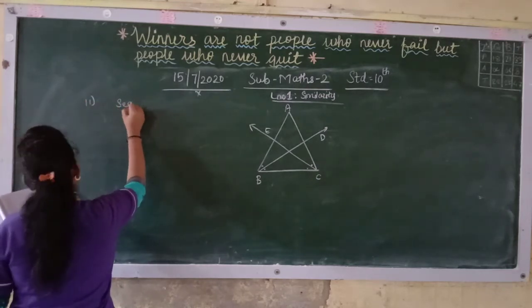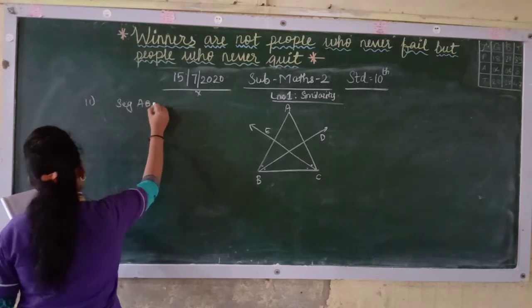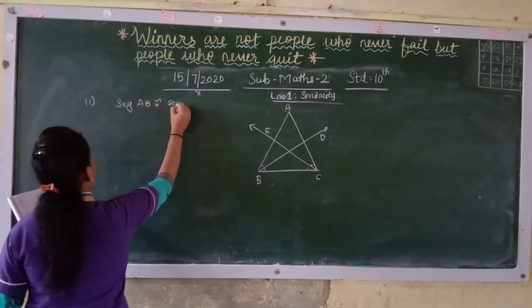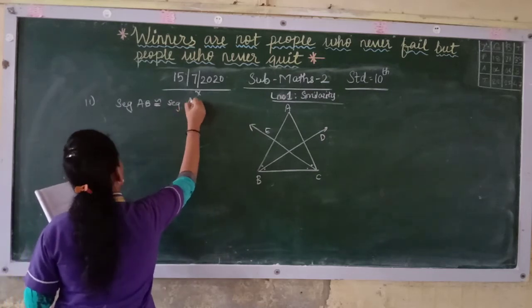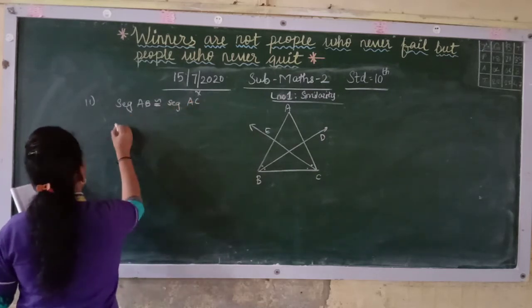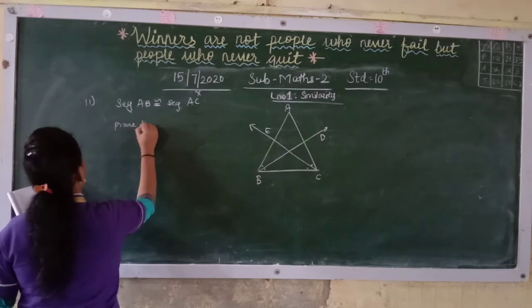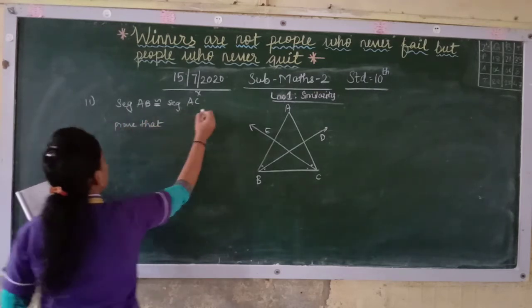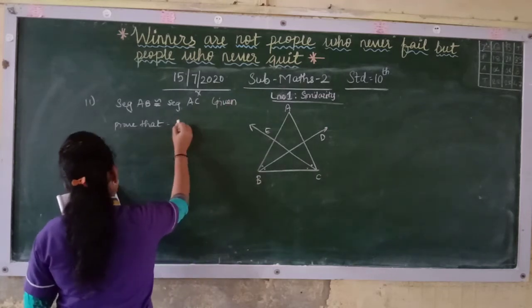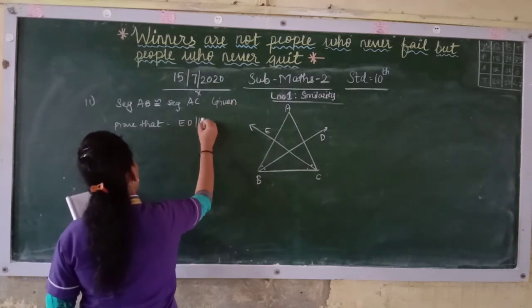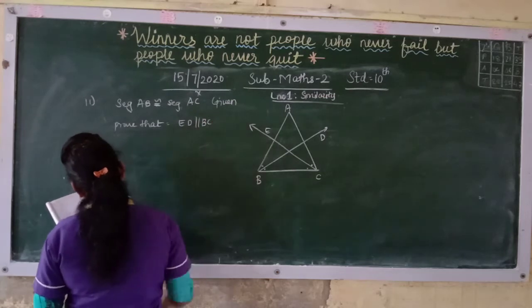They have given that segment AB is congruent to segment AC. This is given over here. And we have to prove that ED is parallel to BC.